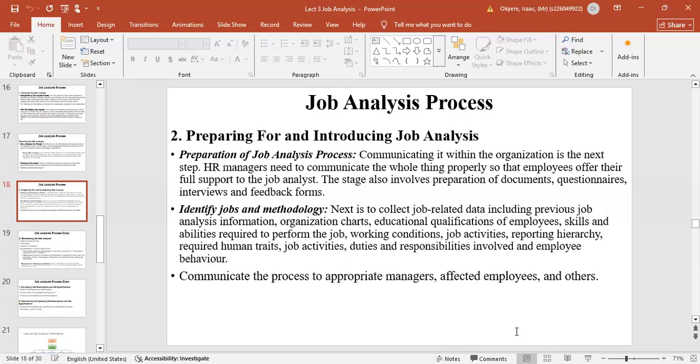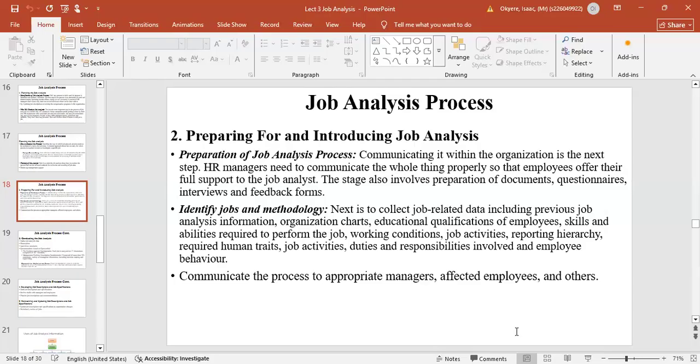Okay, now let's go to the preparation for job analysis. You have to communicate within the organization to let everyone know what is going to be done.